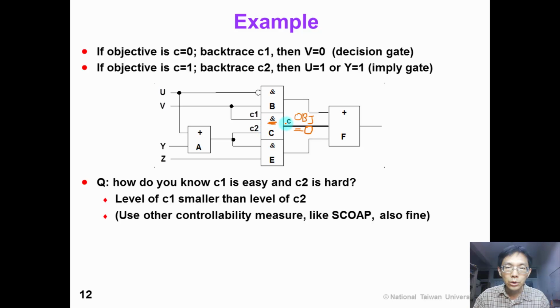So we backtrace to the easiest input, which is V. However, if the objective value is 1, then we would backtrace to the hard input, which can be either U or Y. So, how do we know C1 is easy and C2 is hard? We can judge that by looking at the level of the signal, or we can use other testability measures such as SCOAP to make this decision.